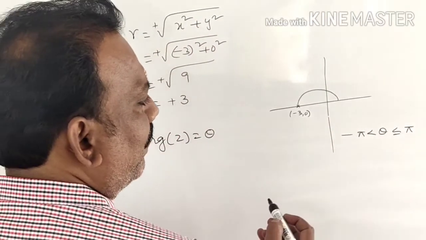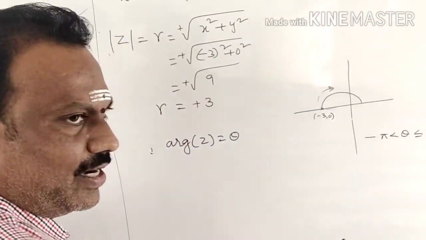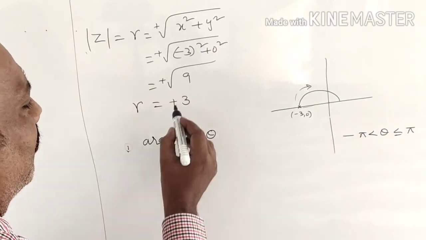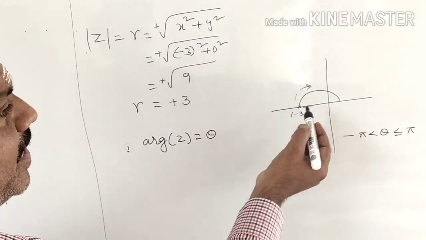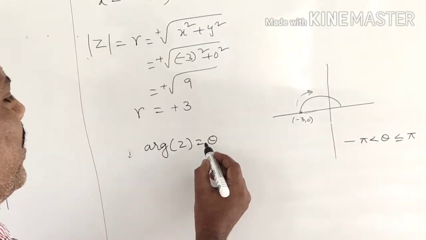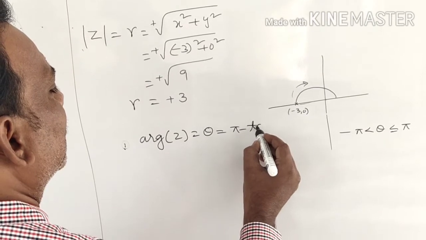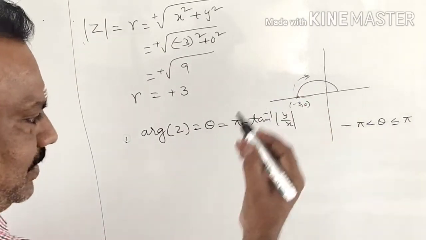Less than or equal to pi means it is also including the second quadrant. Correct, students? In the second quadrant, what is the argument here? You can see minus 3 comma 0 lies on the negative x axis. So the argument of z, theta, is equal to pi minus tan inverse mod of y by x.